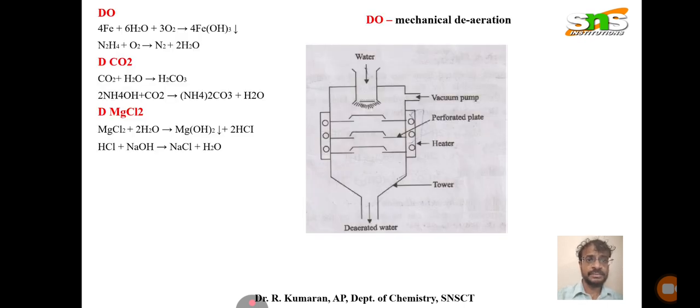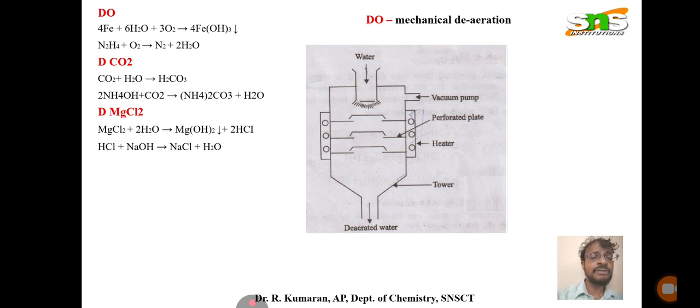Finally, there are dissolved oxygen, dissolved carbon dioxide, and dissolved magnesium chloride at some points. How can we remove them? Mainly by mechanical deaeration, which also reduces the salts present in the water.